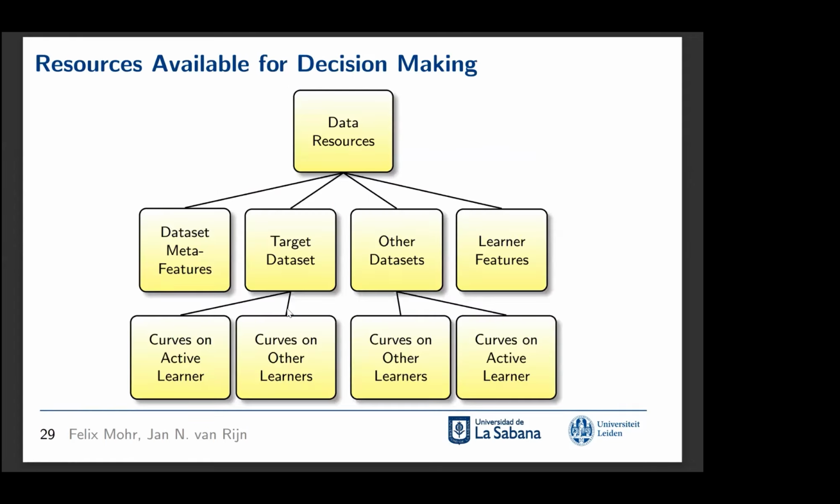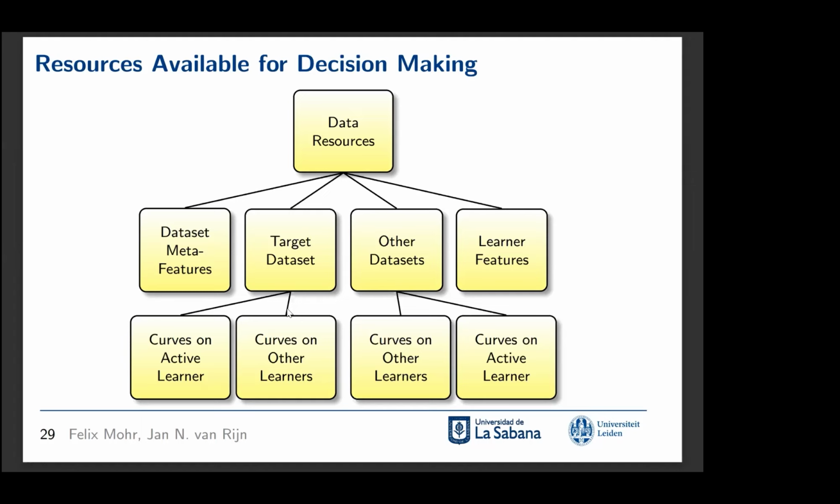And eventually, what are the resources we have available? Of course, we have some empirical learning curves on the data set that we are examining, but maybe we have them for the same learners. Let's say we are comparing logistic regression with a support vector machine. Maybe we also have empirical learning curves for the same learners on other data sets.